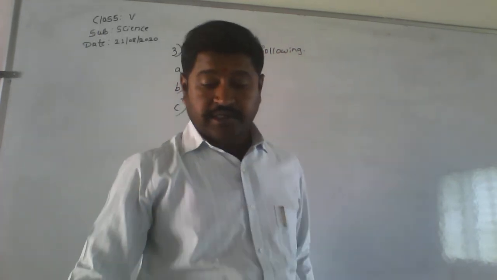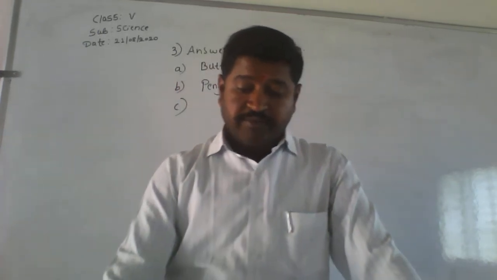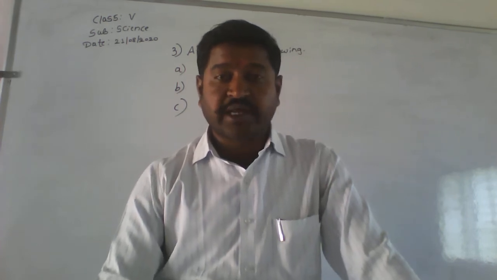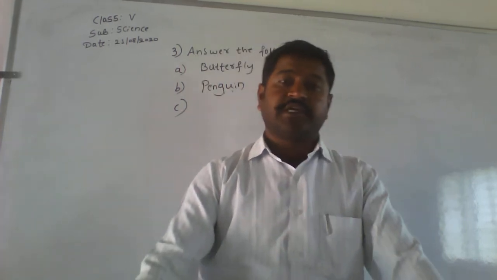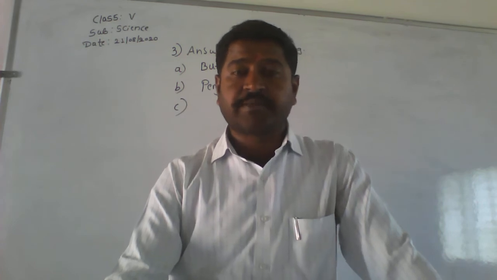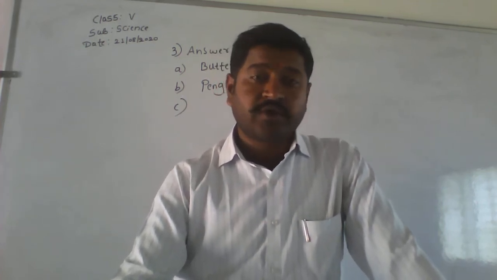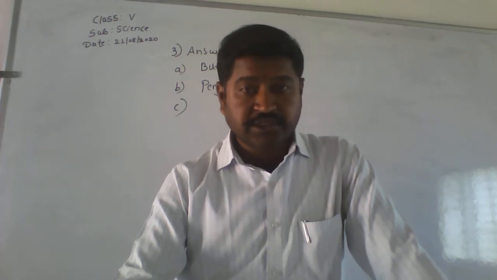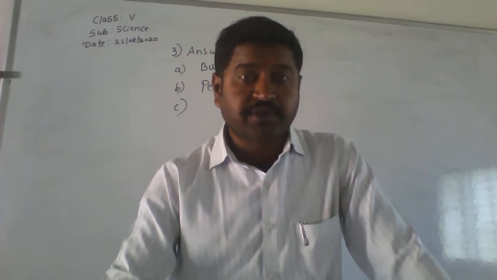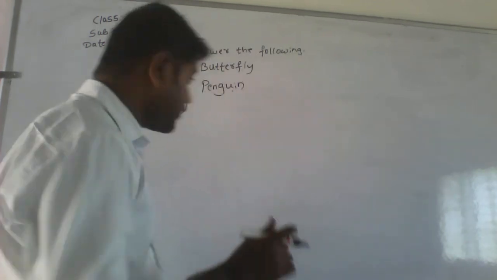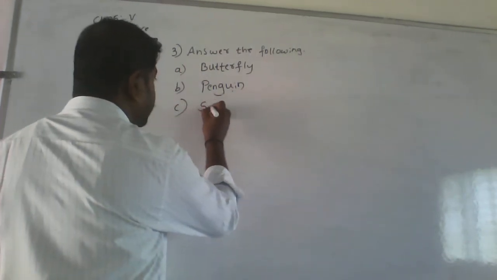Alright. Then the third one, name the reptile which has no legs. We should name an organism which falls under reptiles and has no legs. First thing, we know that snake does not have legs, right? So it is a reptile. That is why here the answer is snake.